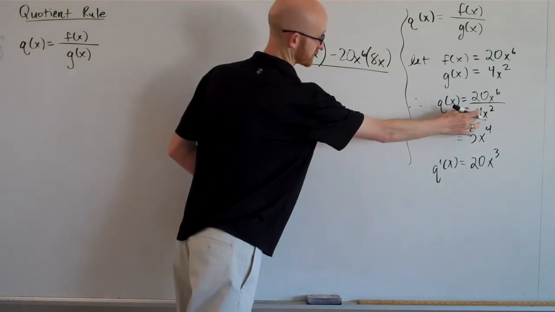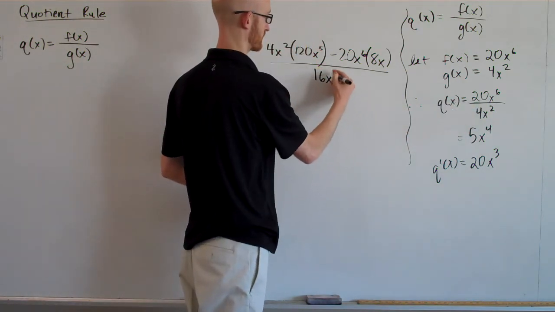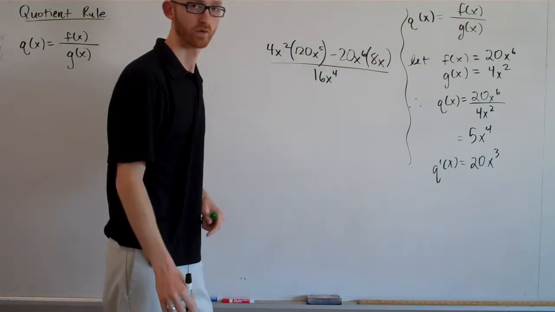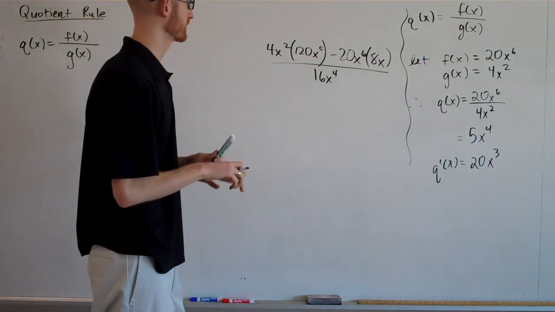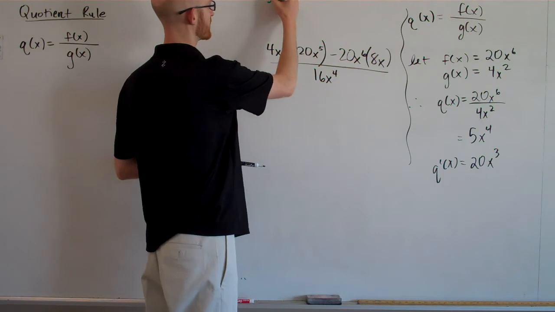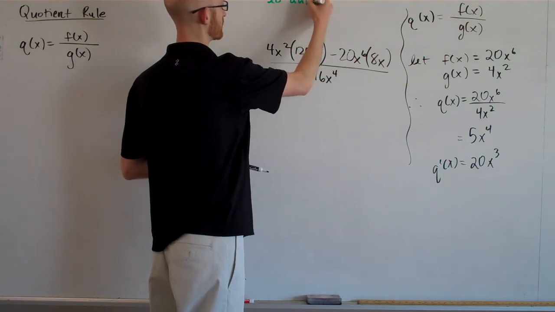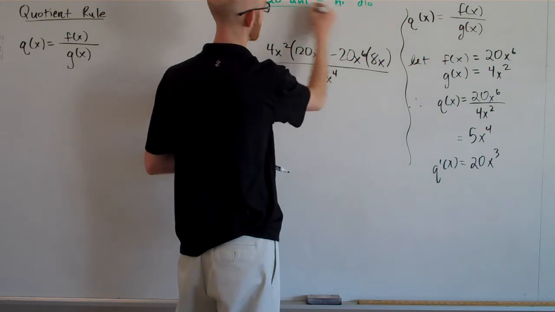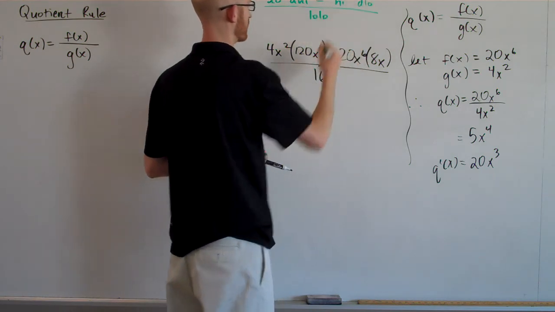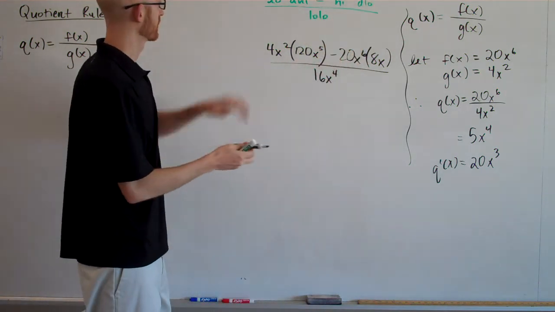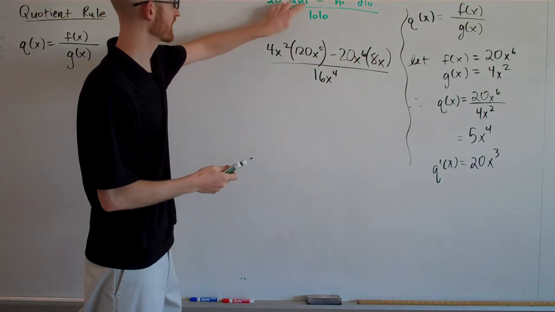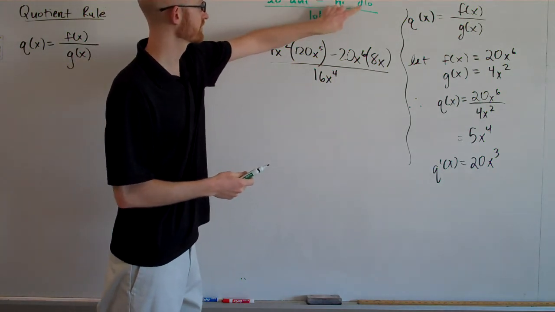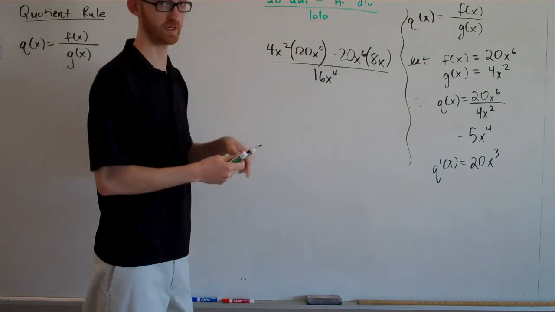So this will become 16x to the fourth. And we'll have a shorthand way of writing this as well. The shorthand way is to think of it as low d high minus high d low over low low. Meaning bottom times derivative of top minus top times derivative of bottom over bottom times bottom.